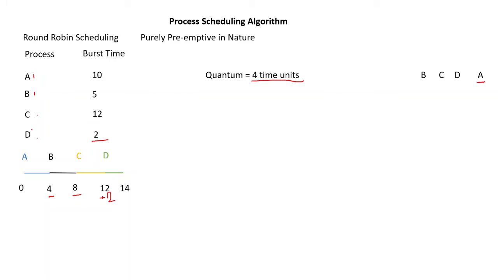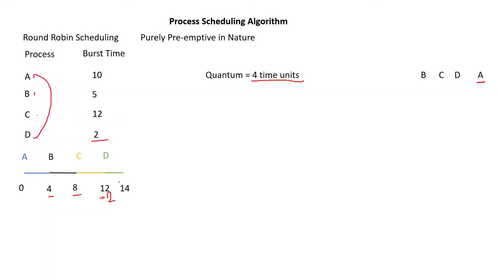So what the operating system does is, it immediately allocates the next process. At time point 14, again A will be allotted, since after D has completed, the next process to execute will be A, if we consider this as a circle.